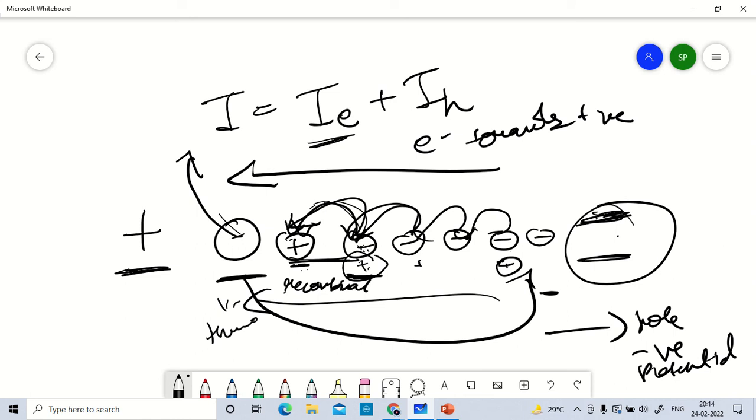And when another hole is formed, it is known as generation. So at equilibrium, the rate of generation is equal to the rate of recombination of charge carriers. When we are at equilibrium, the number of holes which are created is equal to the number of holes which are being recombined. The recombination occurs due to an electron colliding with a hole.